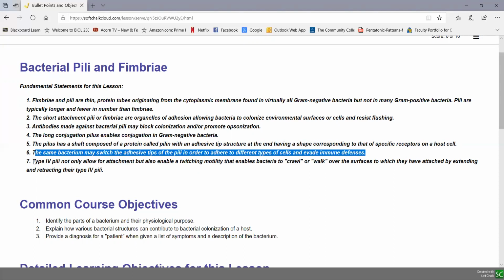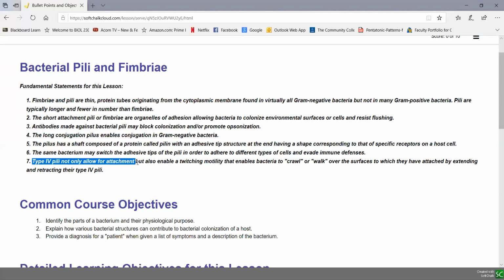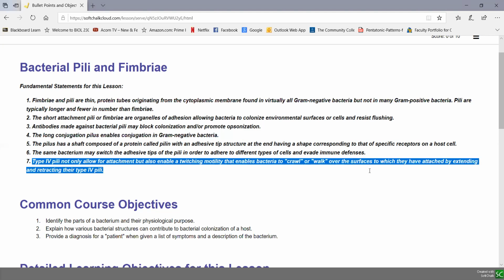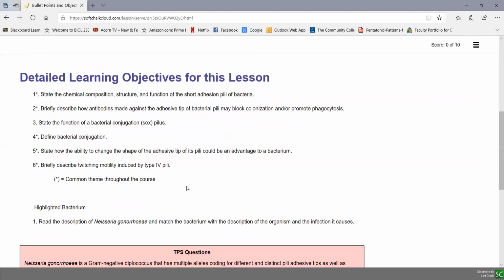And finally, type 4 pili not only allow for attachment, but also enable a twitching motility that enables the bacteria to crawl or walk over the surfaces to which they've attached by extending and retracting their type 4 pili.